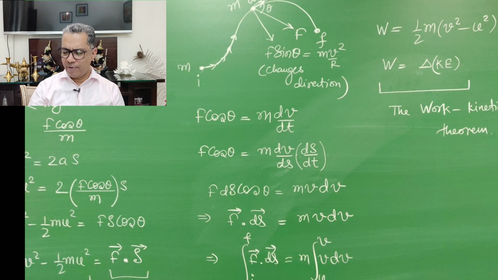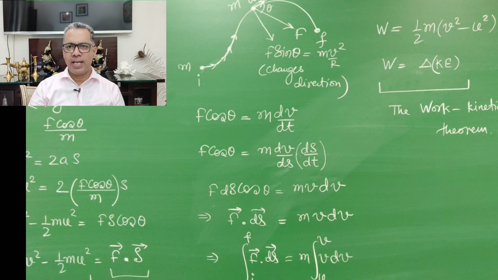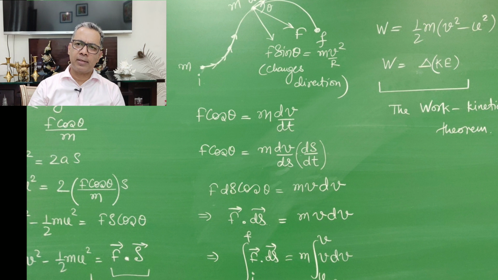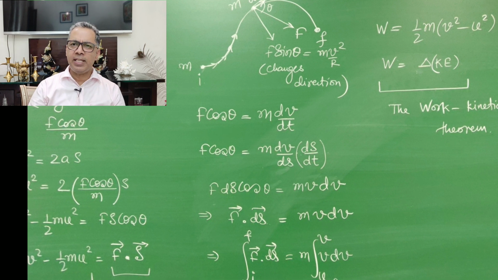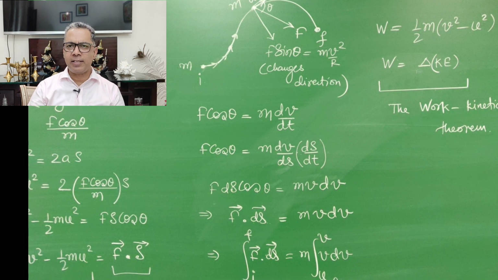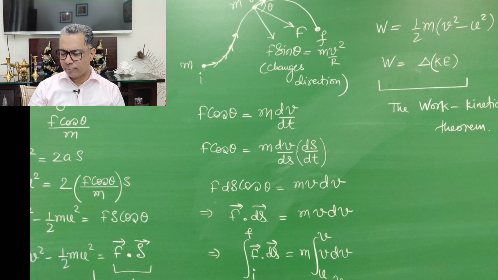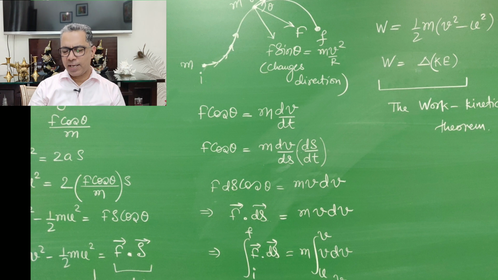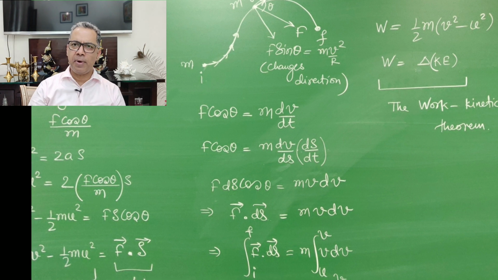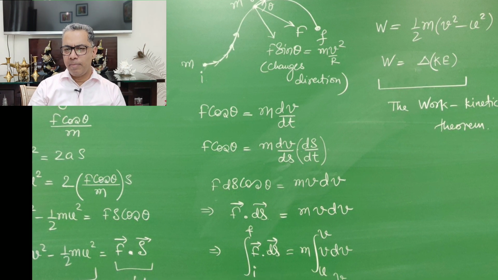We are adding them all up to get the total amount of work on the left hand side of the equation, and on the right hand side of the equation we are integrating mv dv.